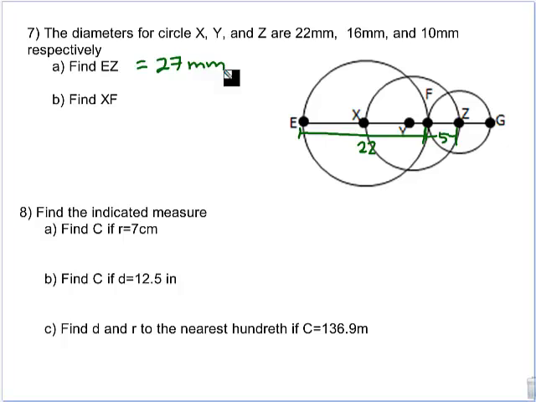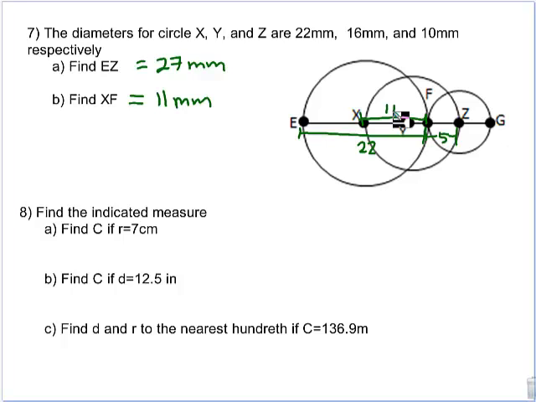Would you use 16 minus 5 to find XF? Well, that's even a little too much work. You can do it, but what's an easier way? It's 11. It's just 11. Why is XF 11? 16 minus 5 does work, though, as well. But if you look at XF, it's the radius of circle X. So since it's the radius, it's just 11.